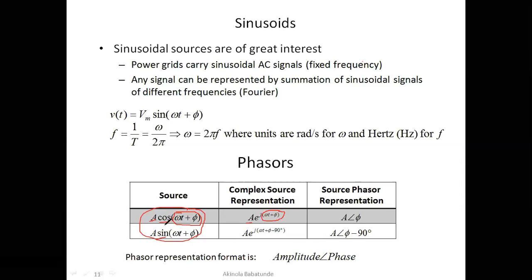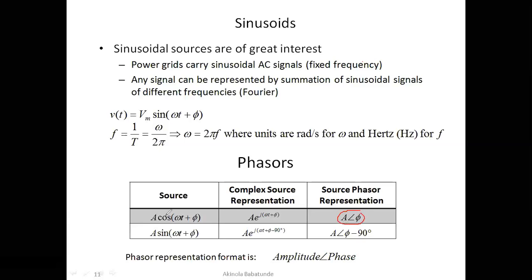But if it is an AC source or AC signal, it always comes in trigonometric expressions like this, cos or sine. Whichever it is, this is how to represent them using either complex representation or phasor representation. So for a cos of Wt plus phi, this is what you have for the phasor representation.